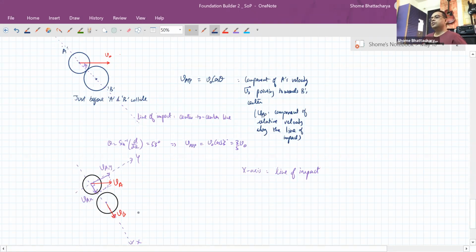So now in this diagram, we can see that for velocities VA and VB just after impact, separation velocity will become VB minus VA's X component.